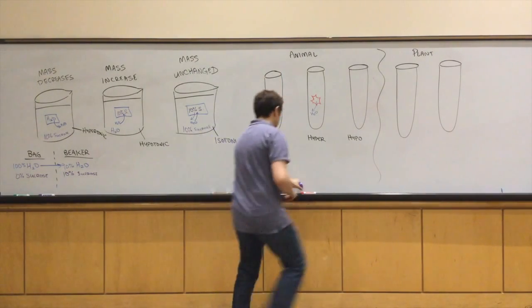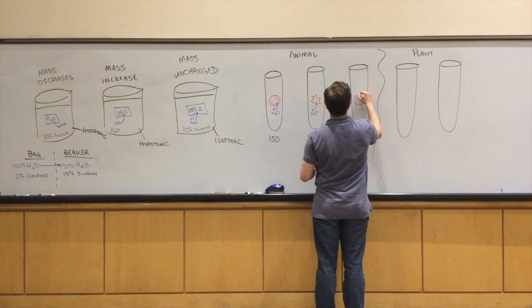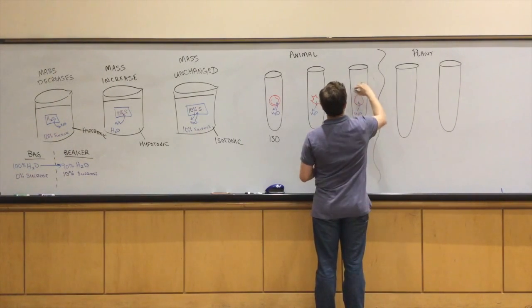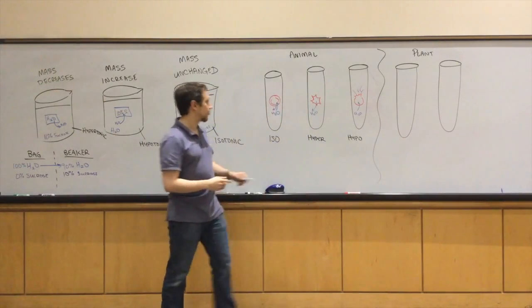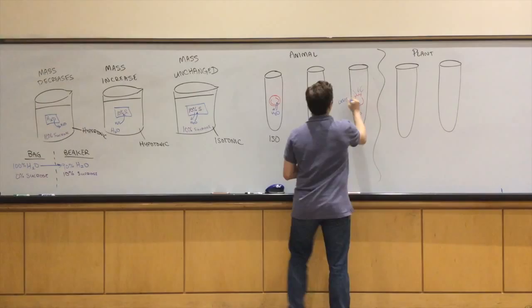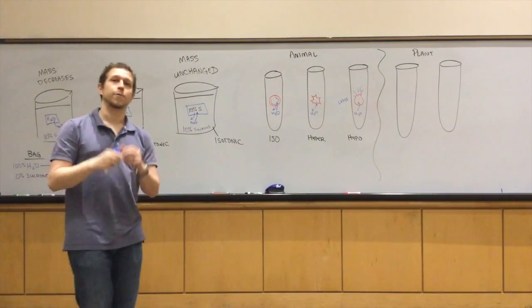No. So, this cell literally bursts. So water moves into the cell, and that causes the cell to burst. And we refer to this process as lysis. The cell itself is lysed. It has effectively burst.